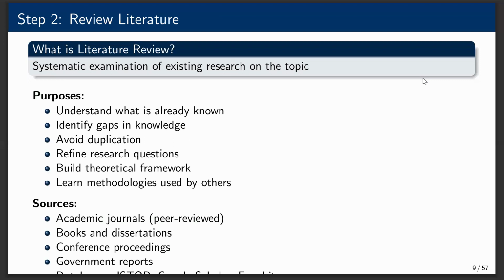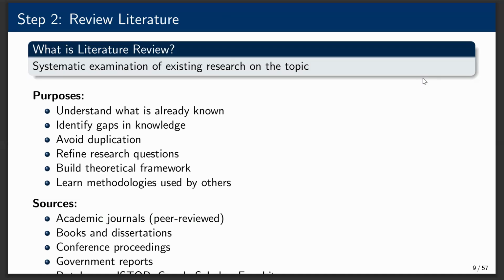Now once you clearly state your problem, the next step is to do the review of literature. So what is a literature review? It is a systematic examination of existing research on the topic.